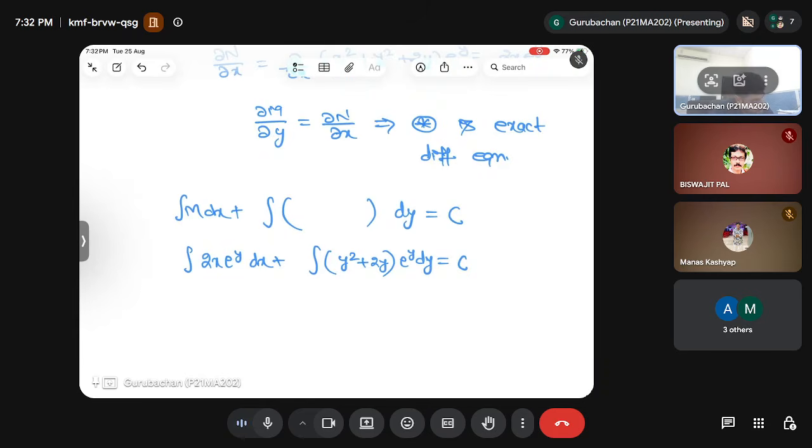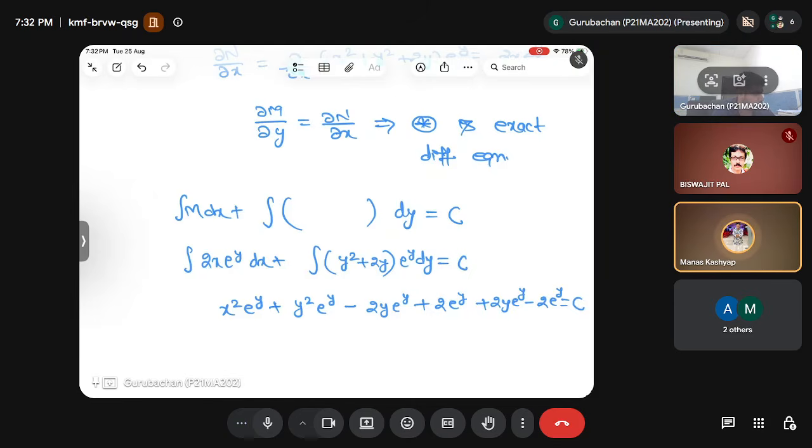Now do the integration: x square e to the power y plus, what is the integration of y square plus 2y e to the power y? We will go with by parts. x square e to the power y minus 2y e to the power y plus 2 e to the power y, and again with the other one 2y e to the power y minus 2 e to the power y is equal to constant. Is it correct or did I make some mistake?